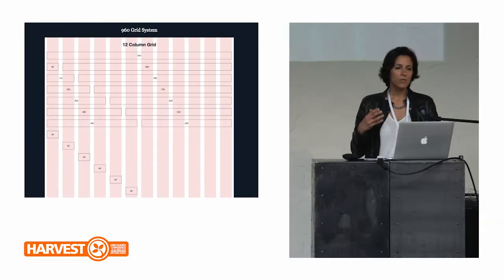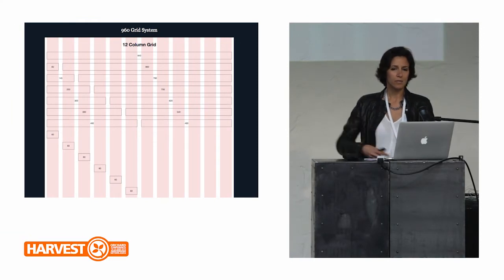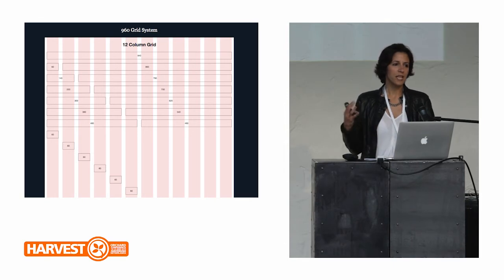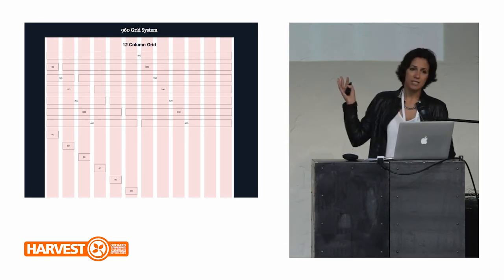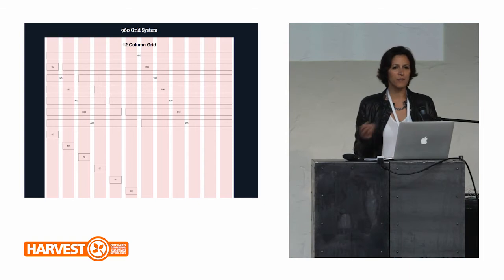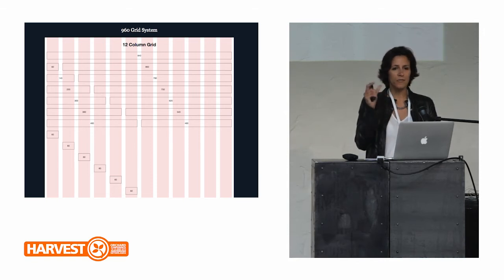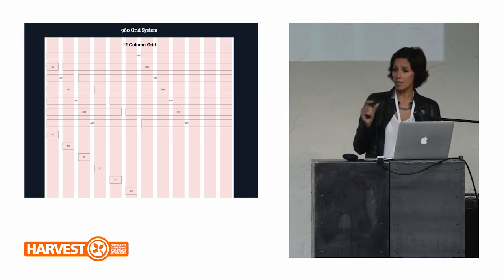And when grids started to show up, some years ago, they were pretty much static grids. So the 960 grid was probably one of the first that started to appear a long time ago. And it was based on fixed width columns.